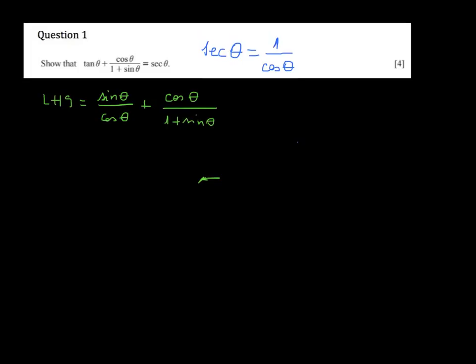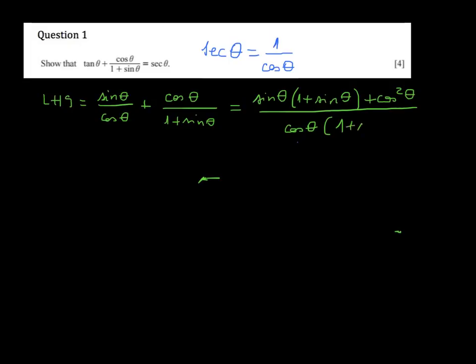I need a common denominator, so it's going to be sine theta brackets 1 plus sine theta plus cos square theta over cos theta brackets 1 plus sine theta. I never open the brackets on the denominator because, see, my aim is clear.